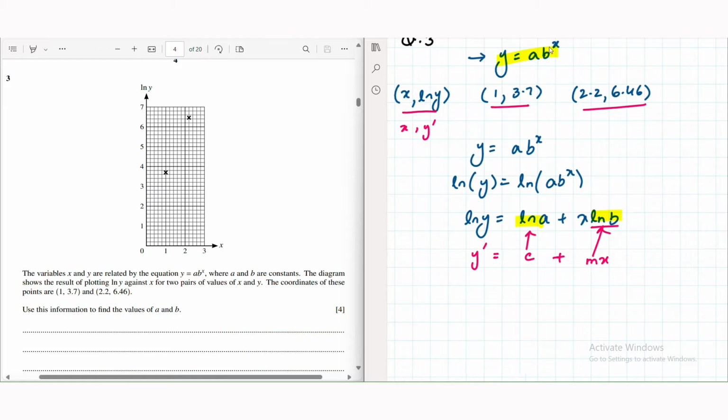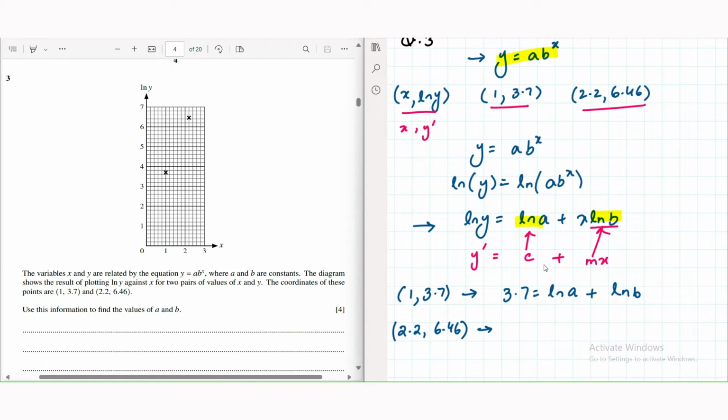So using 1, 3.7, we are using this equation, not the y equals a b to the power x. Actually, we could use that also, but we would end up the same way. So 3.7 equals ln of a plus 1 times ln of b. Similarly, we have 2.2, 6.46.